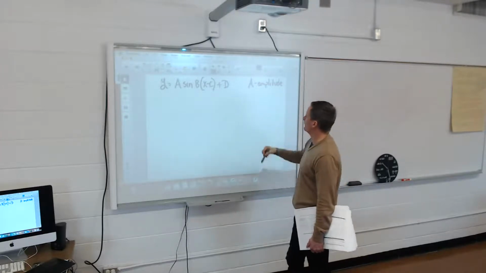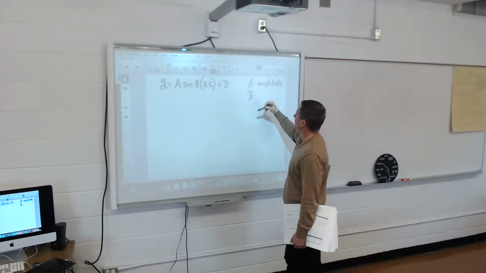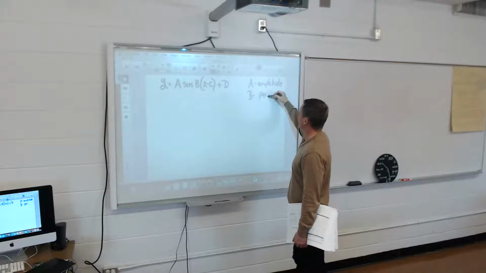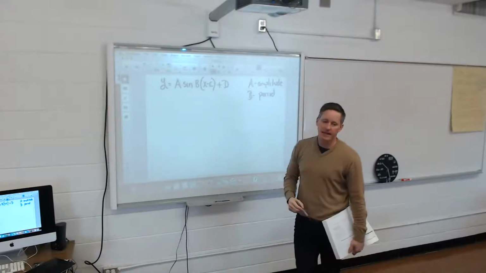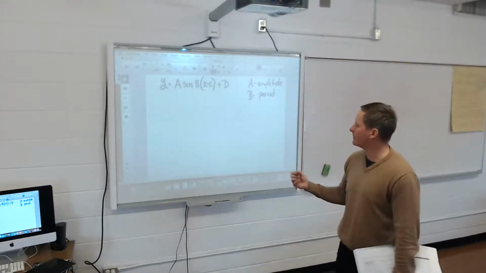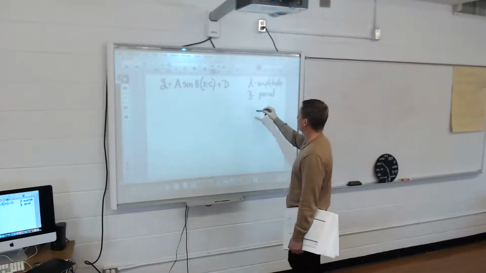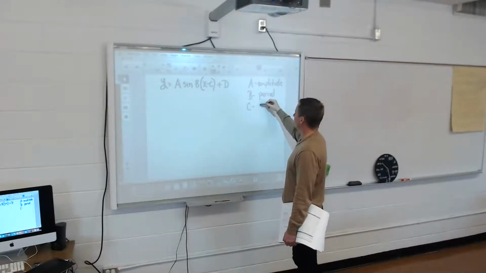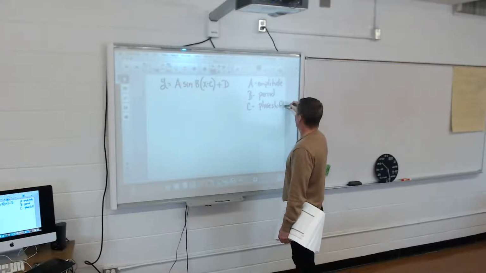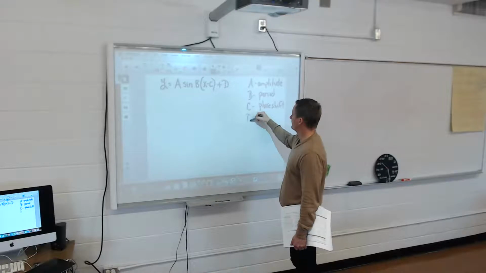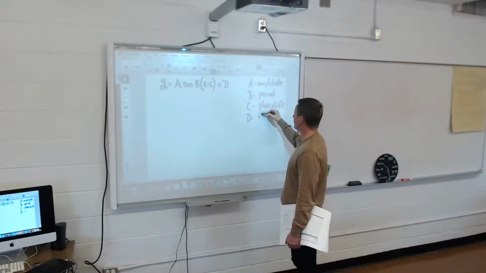I multiply all the y values by that. B affects my period. Means that I take all my x values and I divide them by the b value. C moves the phase shift left or right. D, of course, is the vertical shift up or down.